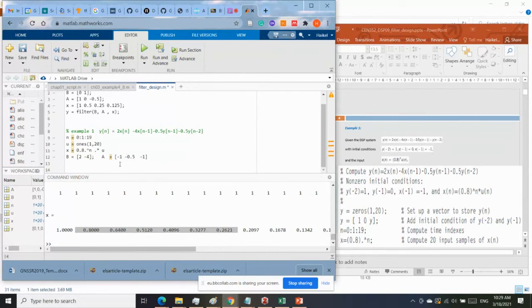So that means we can compute the values of y one by one. For example, let's compute the first one, y[0].